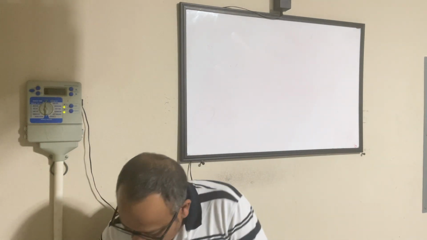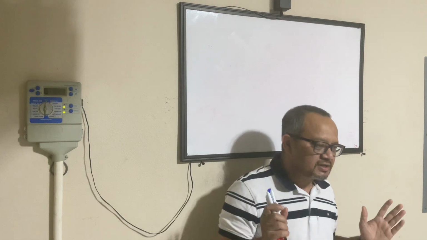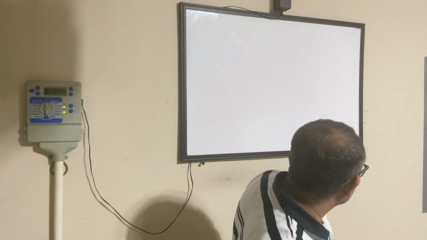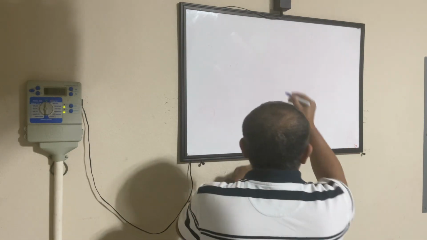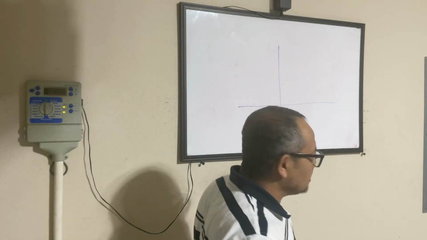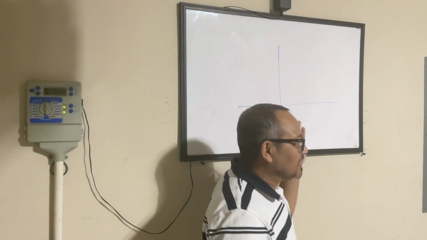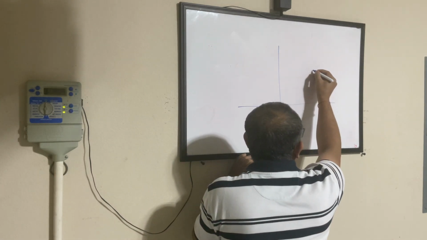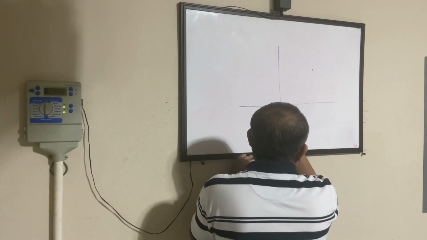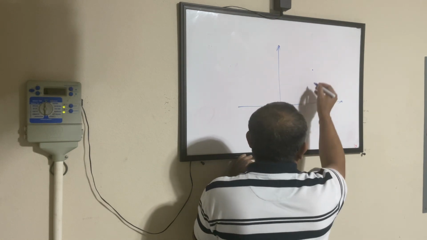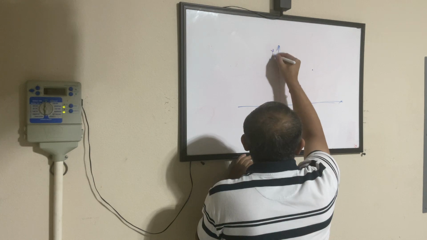So, when we talk about coordinates, the first thing that comes to our mind is the way to identify a location. And that's precisely what we have learned in the previous classes. We talked about the Cartesian coordinates or rectangular coordinates, whatever you call it, where you are locating a point against two axes. One is the x-axis, which is horizontal, and another one is the y-axis, which is vertical.